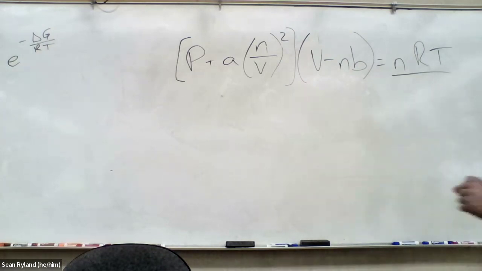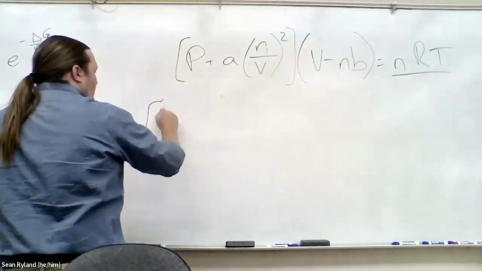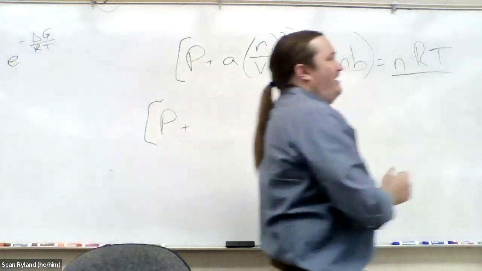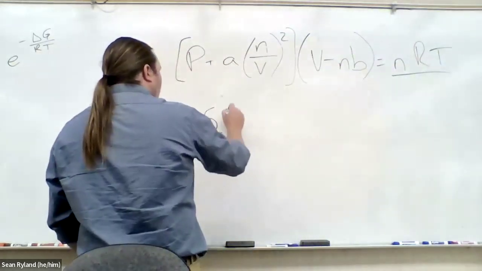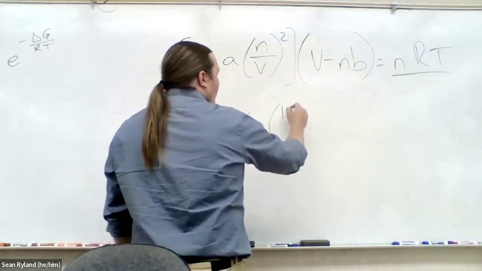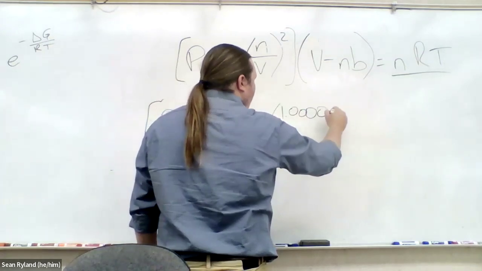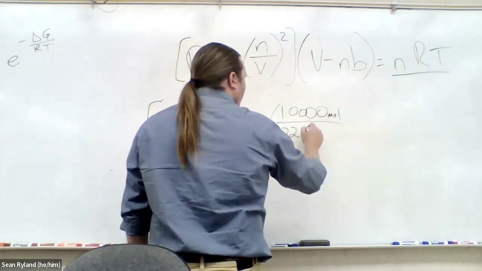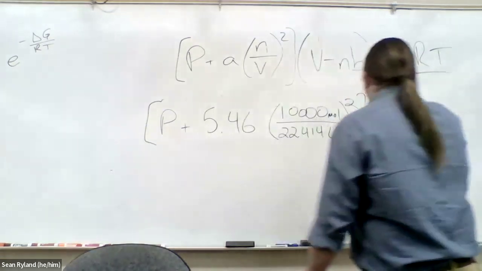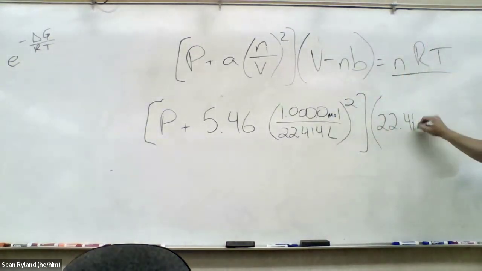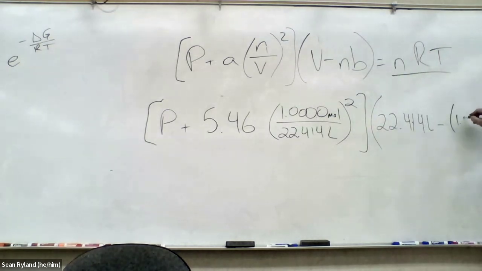We're going to get something like, so P plus, what does it say, 5.46, thank you, times 1.0000 moles over 22.414 liters squared times 22.414 liters minus, moles, so minus 1.0000 times 0.305.